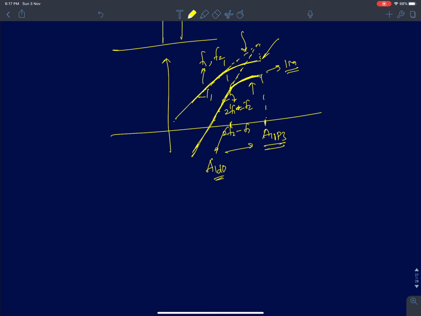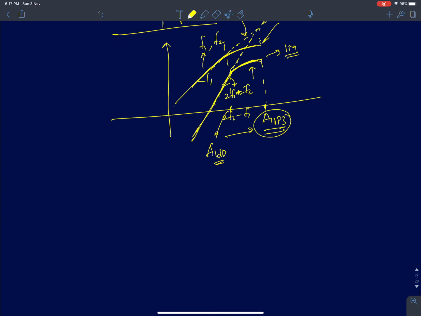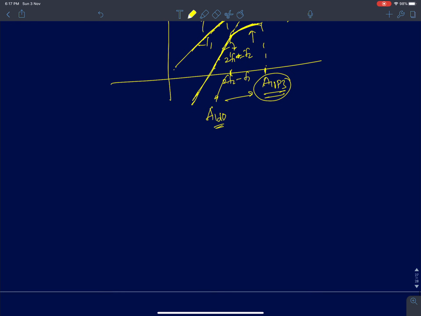Because normally IIP3 will turn out to be greater than the supply voltage itself. So we can't measure it directly, and one way is to extrapolate. Is there any simpler way of doing it? Actually, fortunately, there is a very simple way of computing IIP3 instead of extrapolating like this. We'll see how to do that.